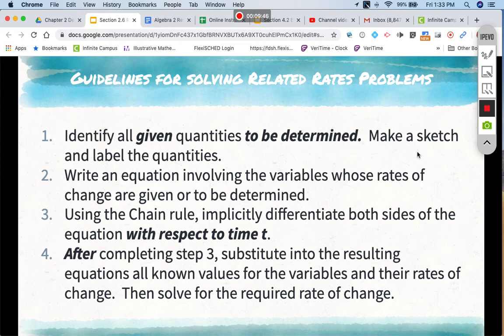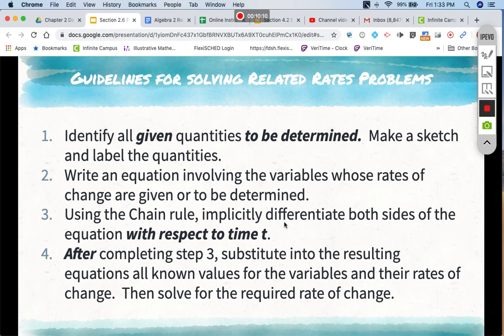You don't always need to do the sketch, but that often will help you. Write an equation involving the variables whose rates of change are given. You look at what variables are involved, what you've been given, what you need to find.